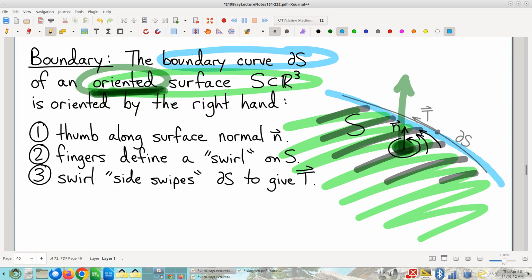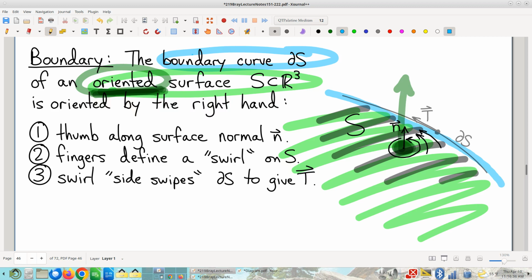Is my finger going around clockwise or counterclockwise? Well, from where you're standing, it probably looks counterclockwise. From where I'm standing, it looks clockwise. See, counterclockwise, clockwise. So clockwise doesn't even make any sense.